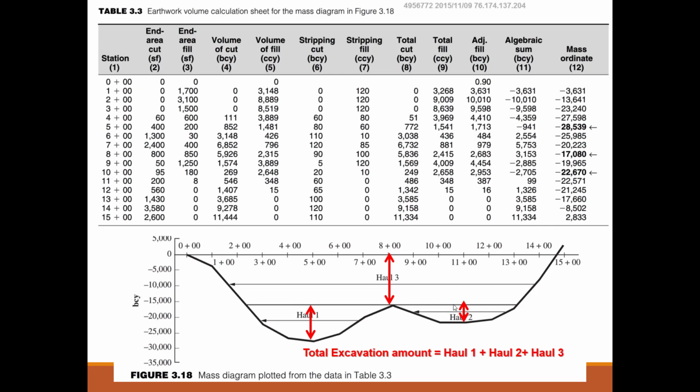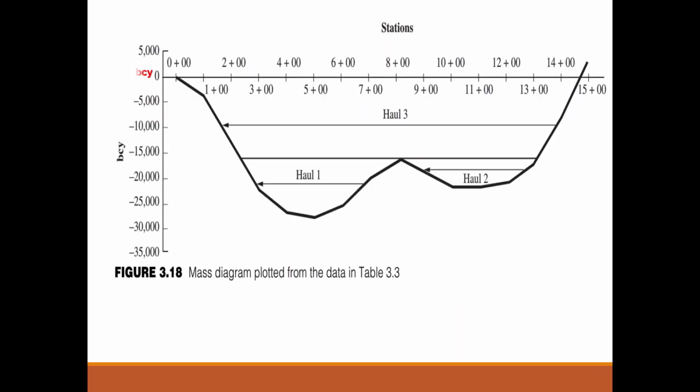My second haul, haul 2, is going to be between 22,670 and down to also the same number, 17,080. My last haul is going to be 17,080 minus 0, which is going to make it 17,080. This is really determining for me the entire amount of excavation to be done in haul 1, haul 2, and haul 3. This gets us the Q, but now what about the area?